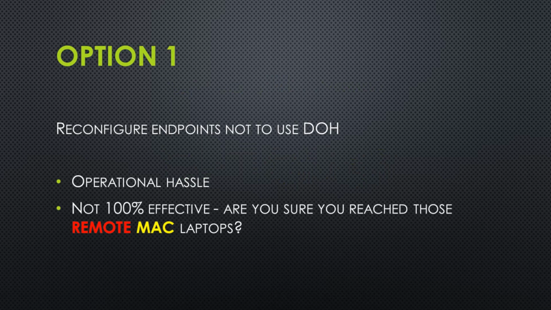First thing, let's take some firefighting action and reconfigure all these endpoints running Firefox to disable the DNS over HTTPS feature. Depending on your network size and design, this might take a while to deploy. Just make sure that you covered all those computers, including remote users, those that don't fall under the same Active Directory infrastructure, every client.